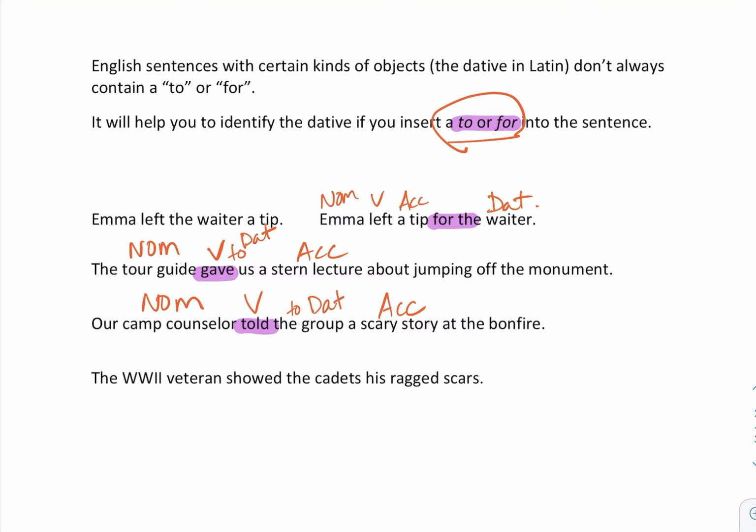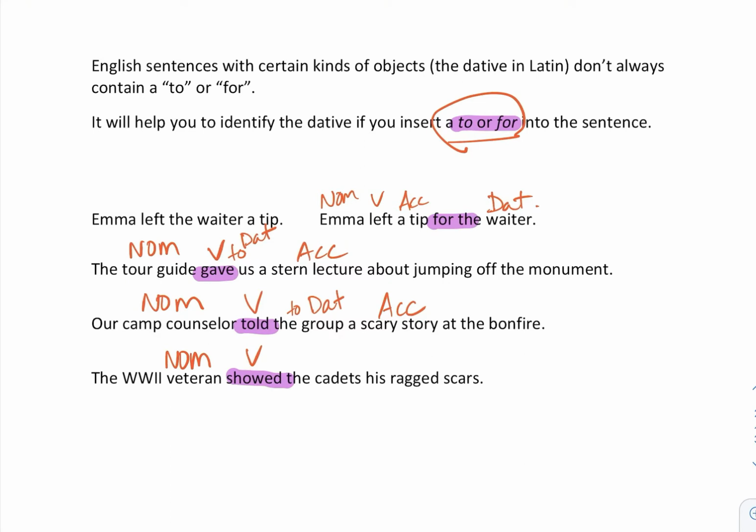All right, last one. The World War II veterans showed the cadets his ragged scars. Here we have the showing verb. So as I said, giving, showing, telling. That's our verb. Who showed? The veteran showed. Now we're going to find the accusative. What did he show? Did he show his ragged scars, or did he show the cadets?